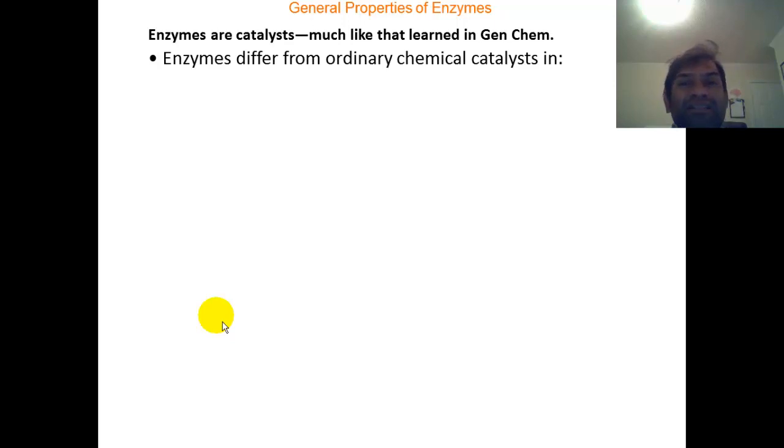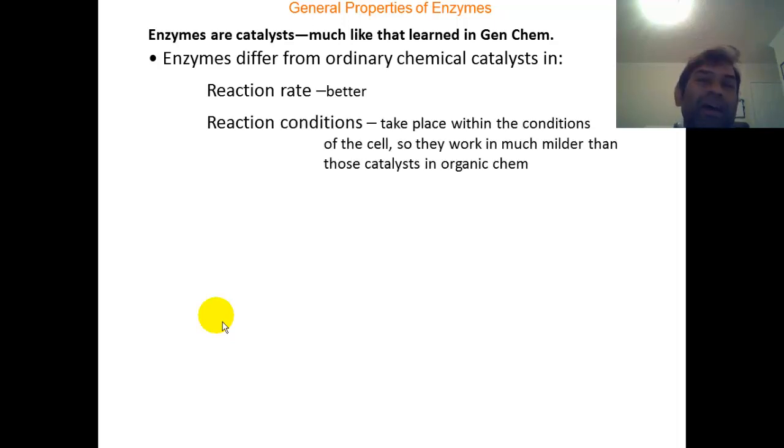So catalysts are what enzymes are, but enzymes are much better than normal catalysts that you can find in a general chemistry lab. The reaction rate is faster, anywhere from 10 to the 6th to 10 to the 7th rate enhancement with an enzyme than without an enzyme. The enzyme has to convert substrate to product within the confines of the cell. So remember, physiologic pH.